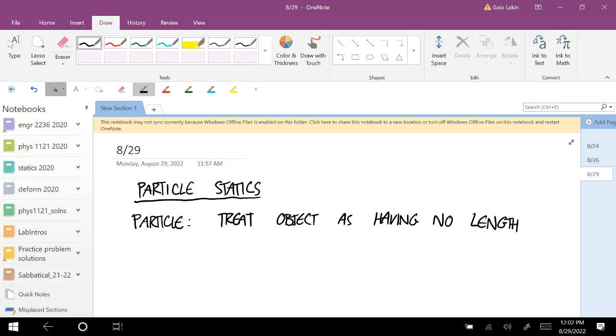And because you're treating it as having no length dimensions, you can't do any calculations involving changes of orientation of a body. So you tend to treat something as a particle if you don't care about the orientation.